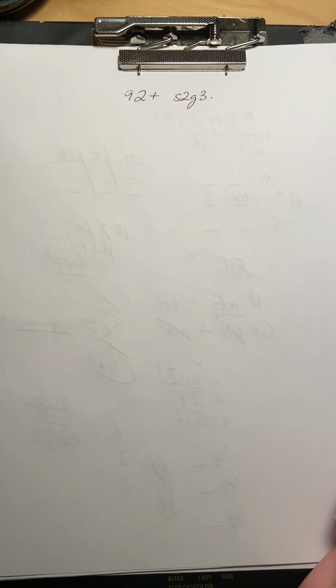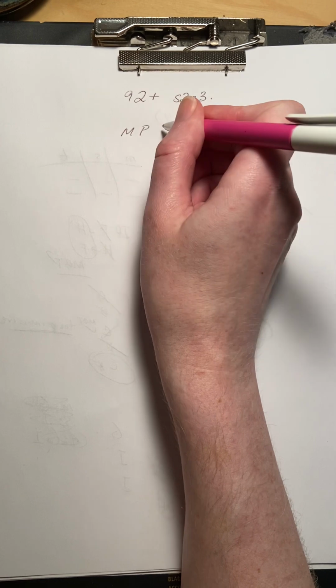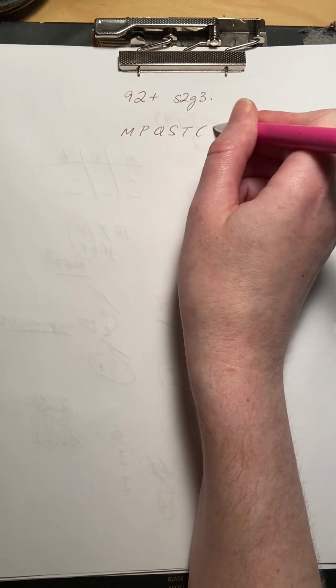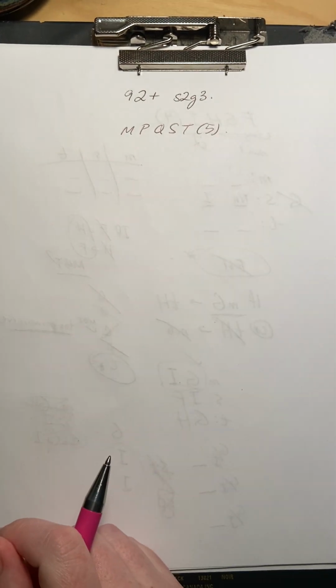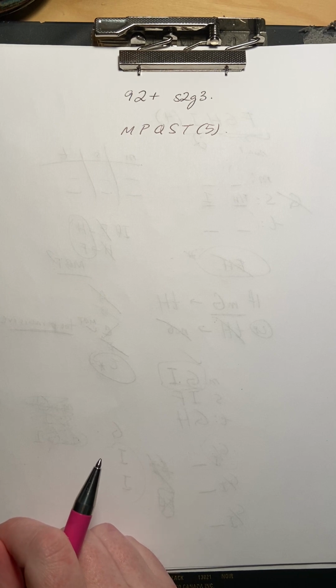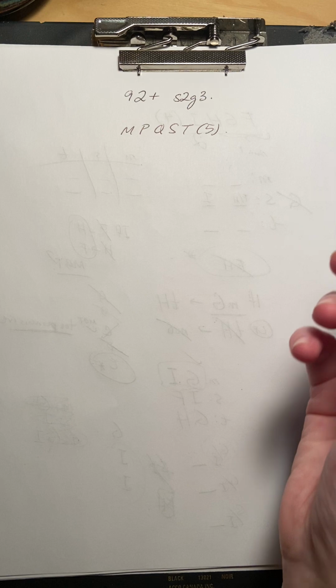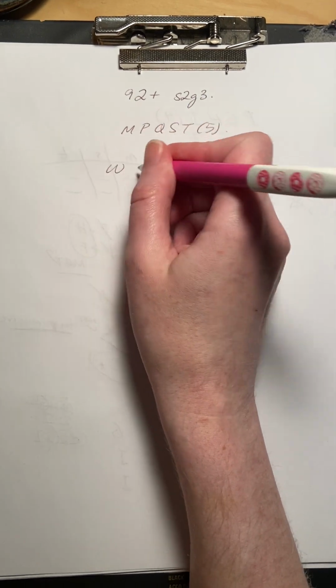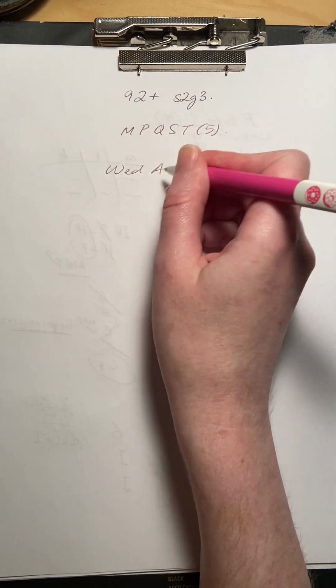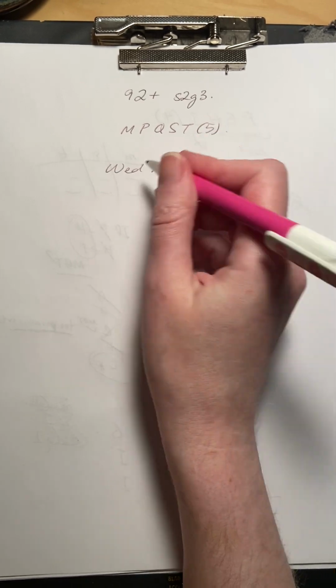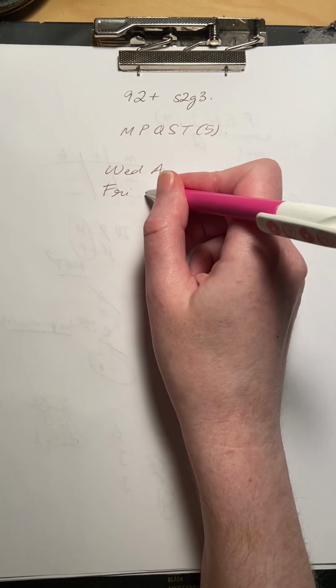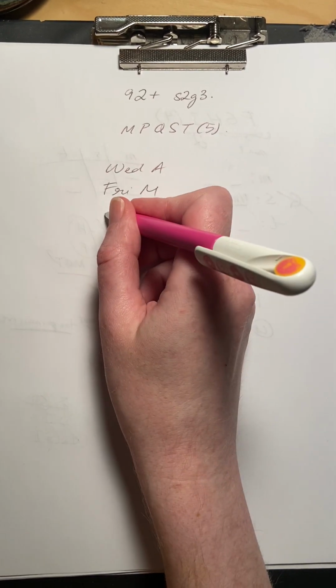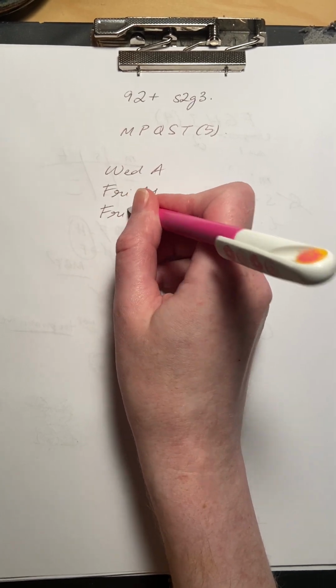Right, a company's personnel office is scheduling orientation sessions for 5 new employees, M, P, Q, S, and T. There can be up to 3 sessions: one on Wednesday afternoon, one on Friday morning, and Friday afternoon.